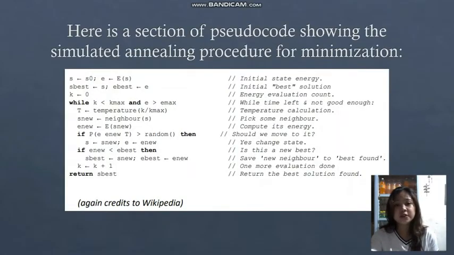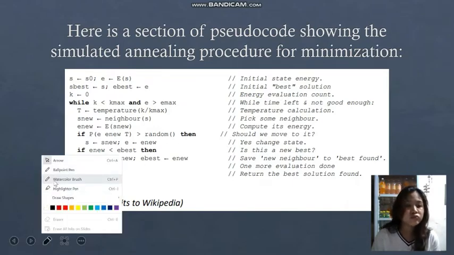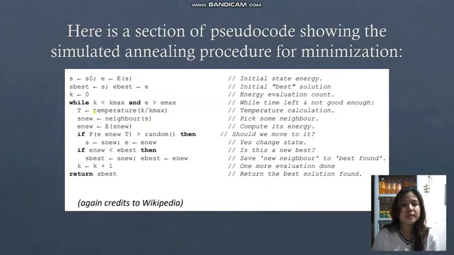Here is a section of pseudocode showing the simulated annealing procedure for minimization. We all know pseudocode, right? S is for state and E for the energy. This one is for the initial state energy, the initial best solution.